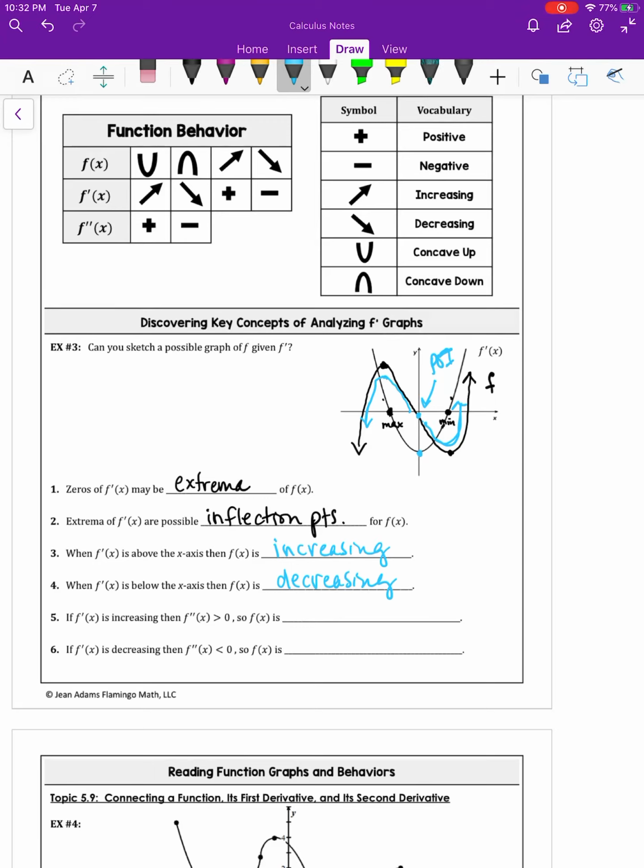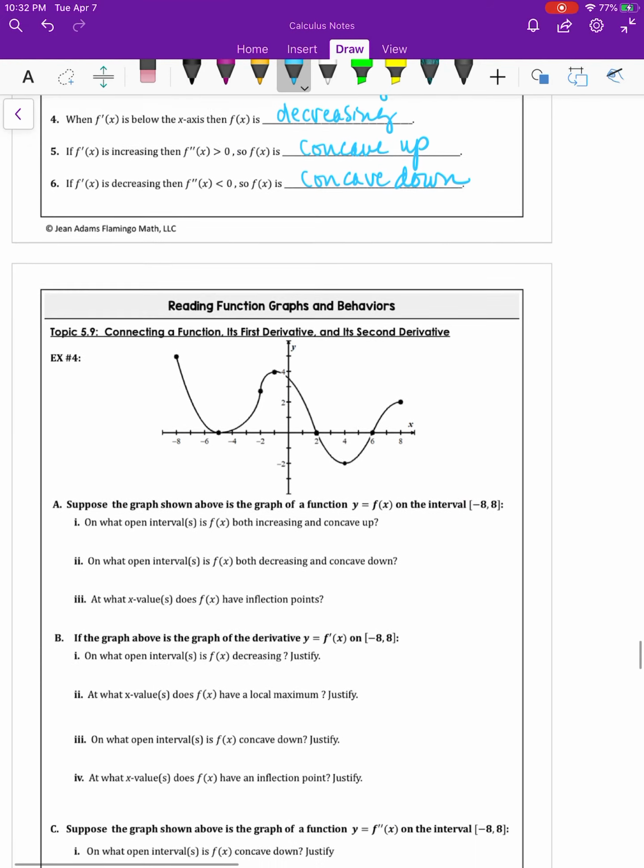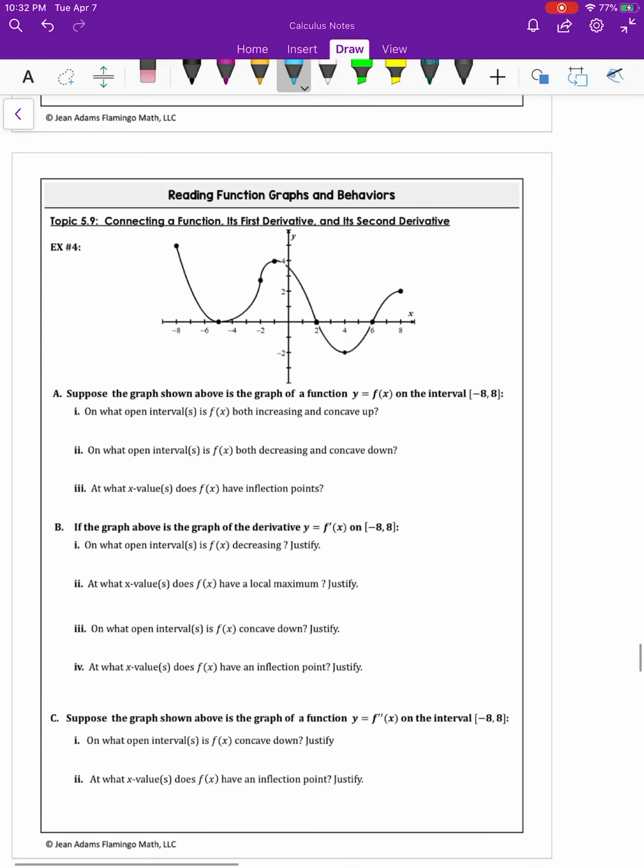If f prime of x is increasing, then the second derivative is greater than 0, so f of x is concave up. And if f prime of x is decreasing, then the second derivative is less than 0, so f of x is concave down. Okay?